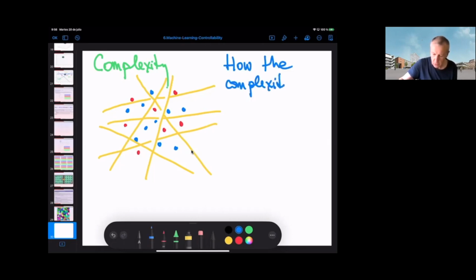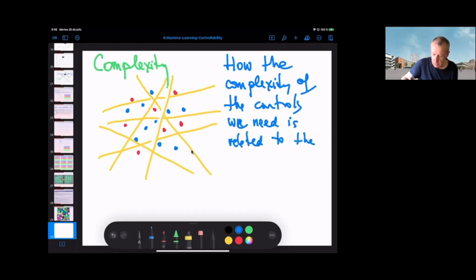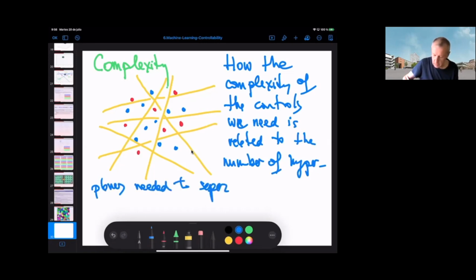of the controls we need is related to the number of hyperplanes needed to separate points by labels.